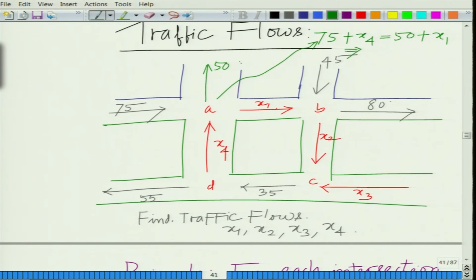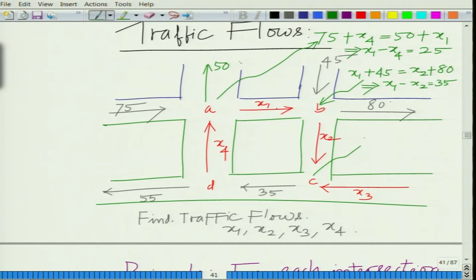This implies that x1 minus x4 equals 25. For this intersection, we must have the incoming traffic x1 plus 45 is equal to x2 plus 80, that is the outgoing traffic, which implies that x1 minus x2 equal to 35.